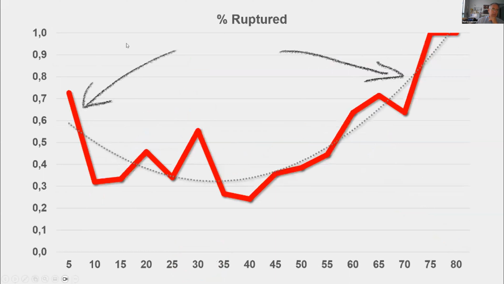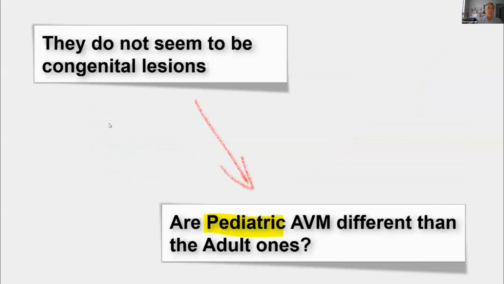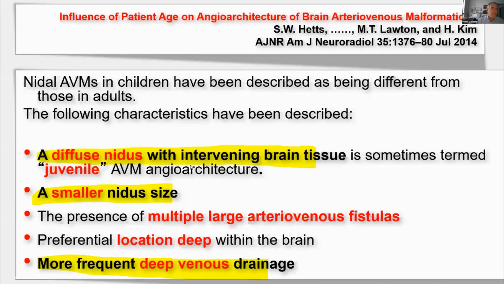So the pediatric age is a dangerous age, also because many of them present with rupture. So they do not seem to be congenital lesions, but are they something different from the ones of the adults? Probably. They have a higher frequency of diffuse nidus.